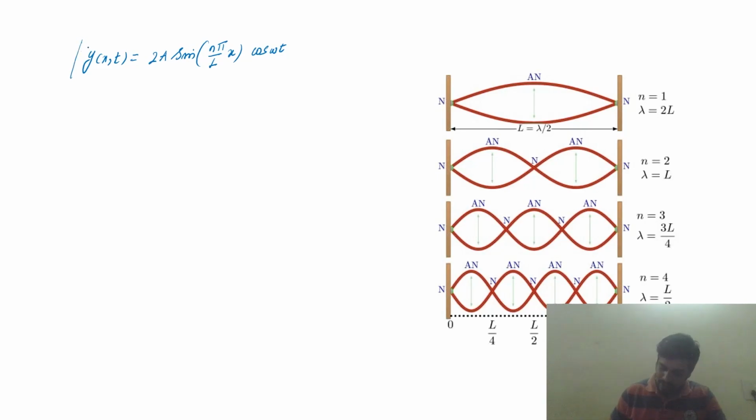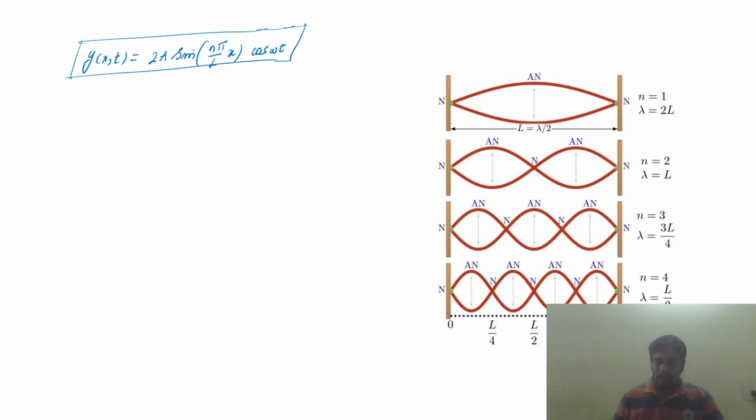This is now our resultant wave. But we need to identify the positions of the nodes as well as the antinodes. The nodes form where the two waves interfere destructively, and the antinodes form where the two waves interfere constructively. So where will the antinodes form, and where will the nodes form? That is our main question.